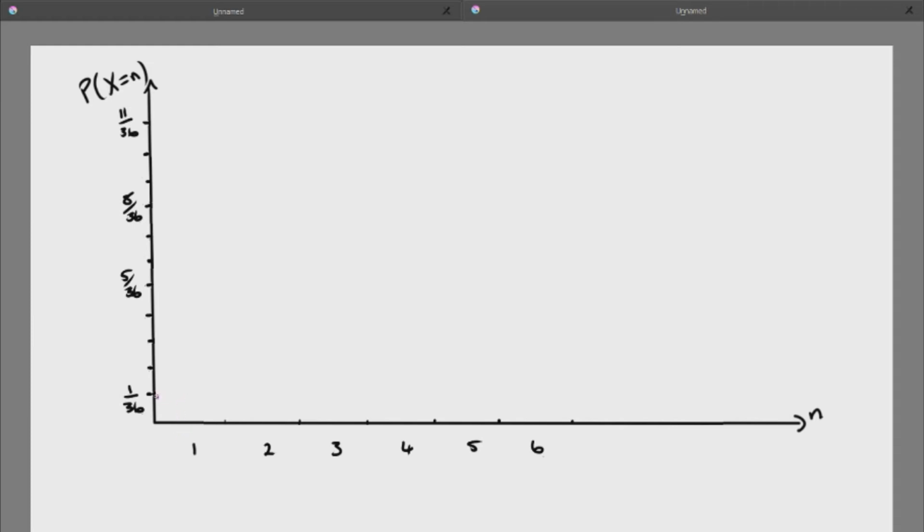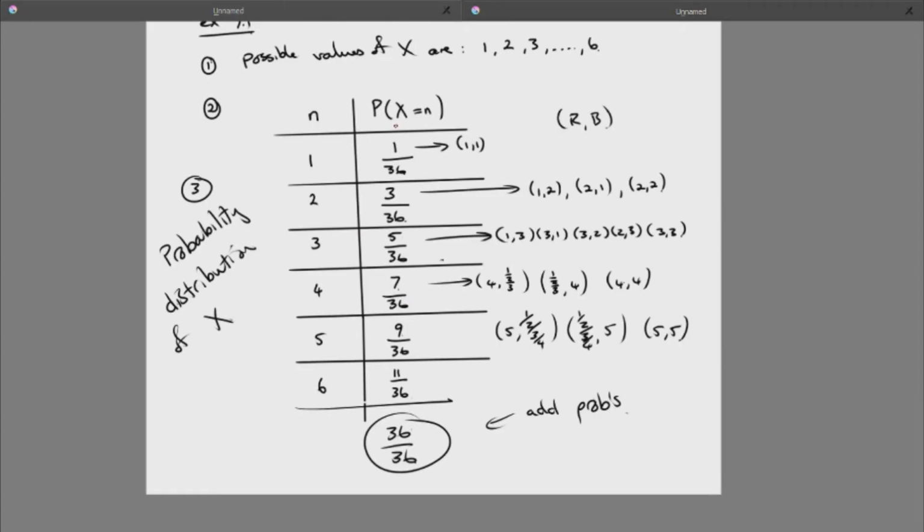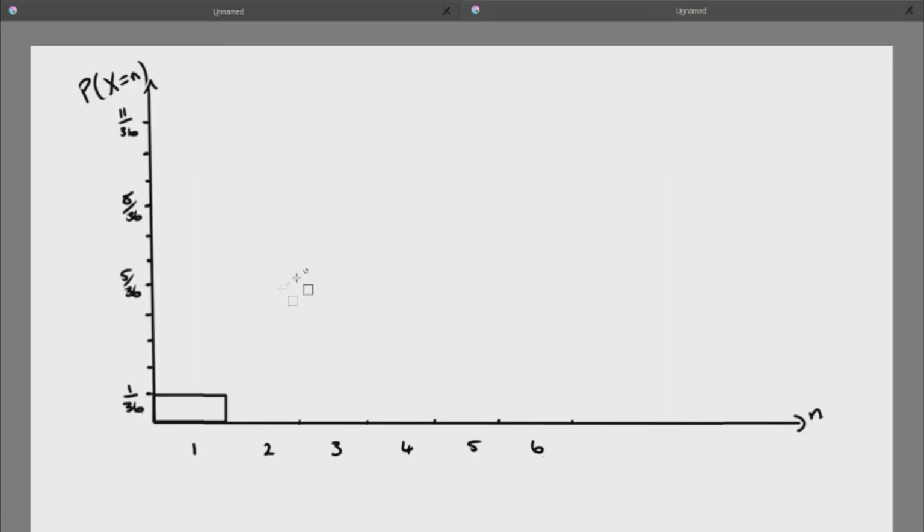So the first bar is going to be over here with a height of 1 because that's the corresponding probability. Next probability has a height of 3 out of 36. I'll try and make these perfect. 3 is over here somewhere.